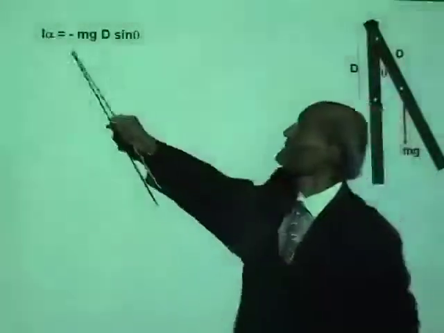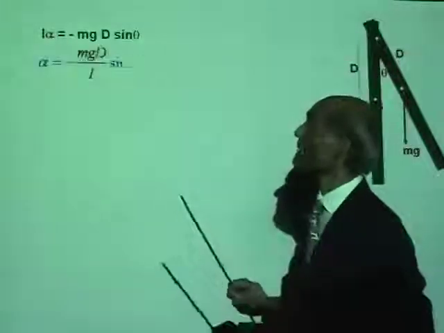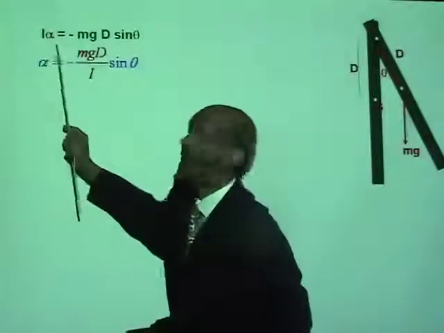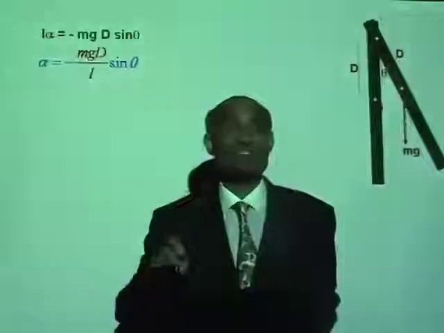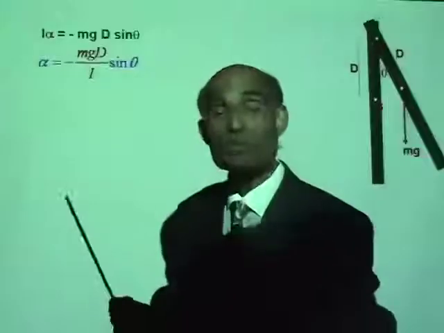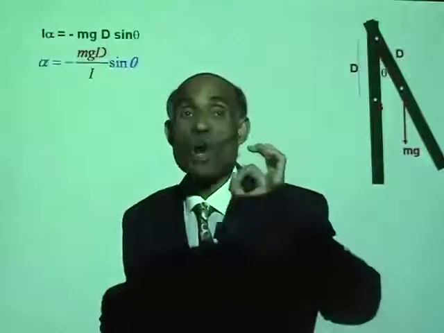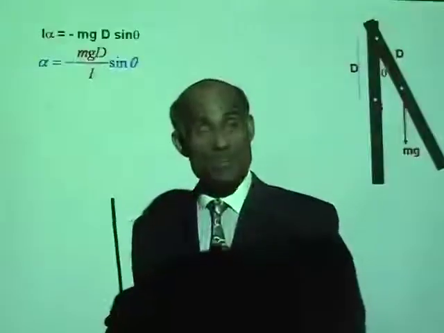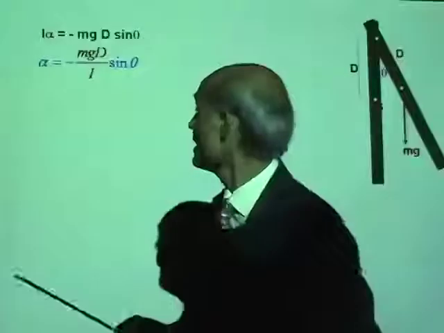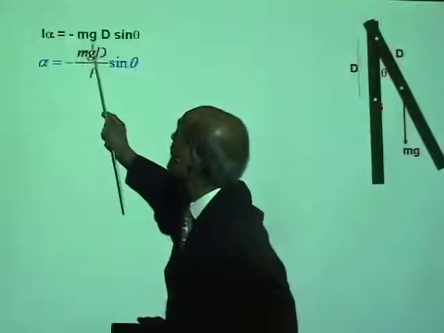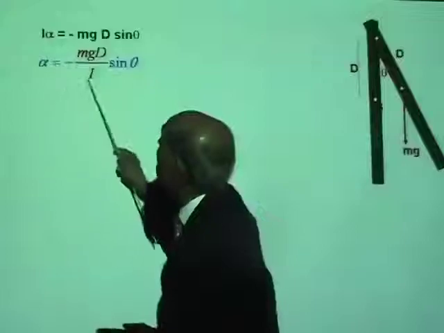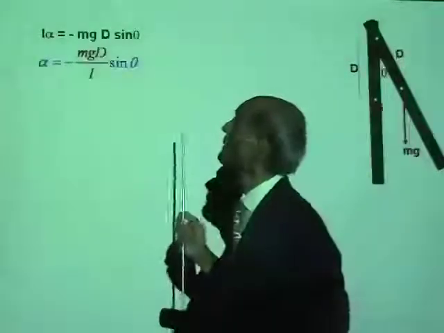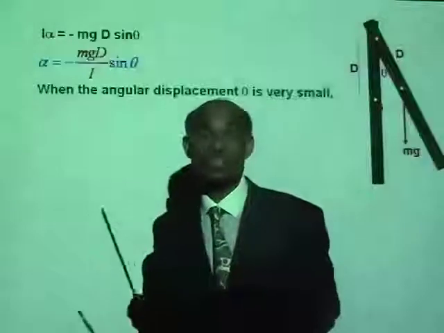Let's take this equation and talk about it further. Let's solve for alpha, the angular acceleration. In the two previous cases, we solved for linear acceleration, but in this case the acceleration is angular acceleration. Alpha equals negative mgd divided by I times sine theta. Well, I'm going to do a small approximation.